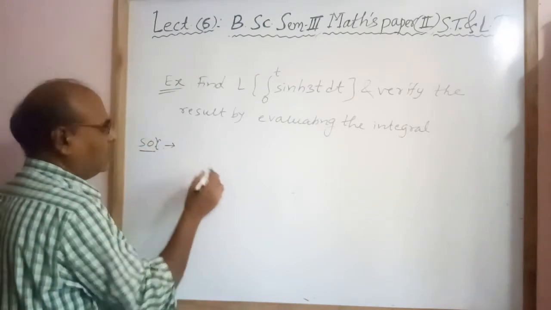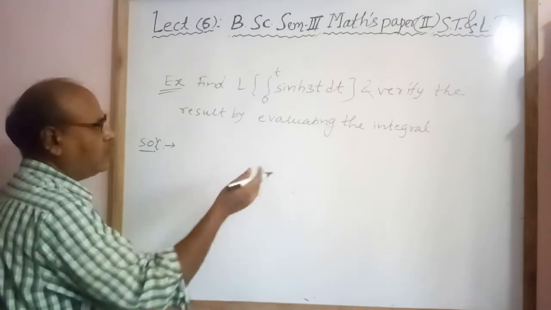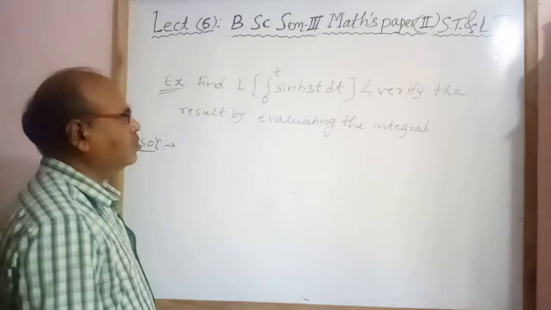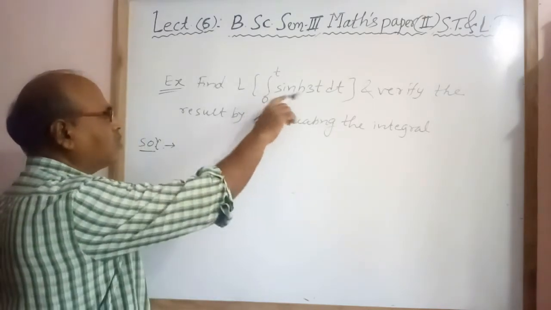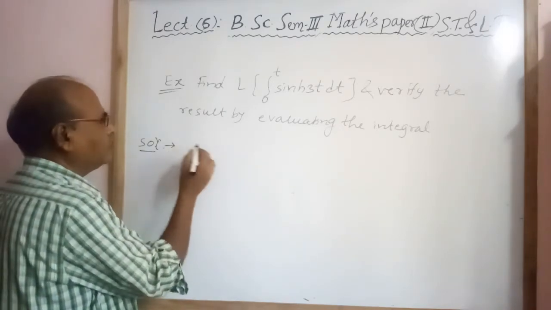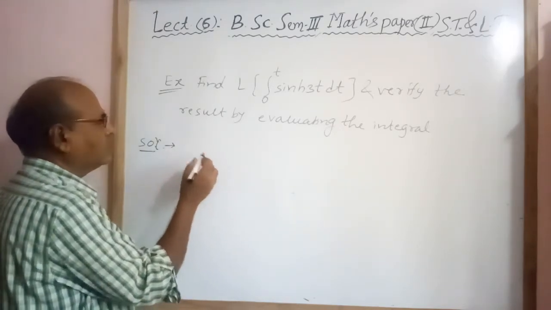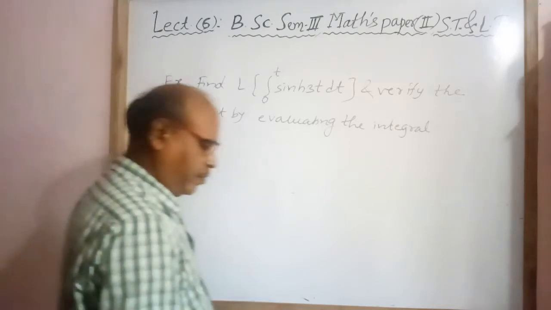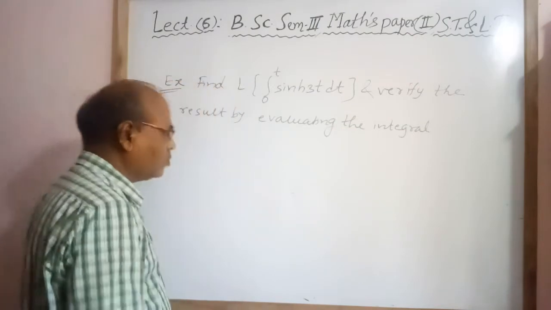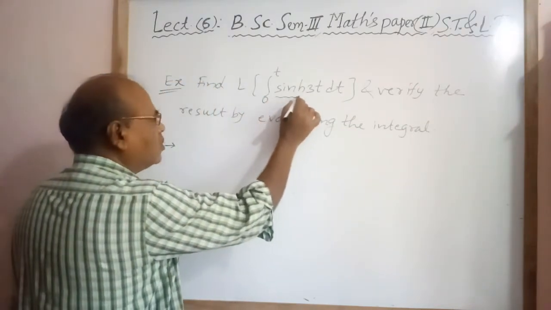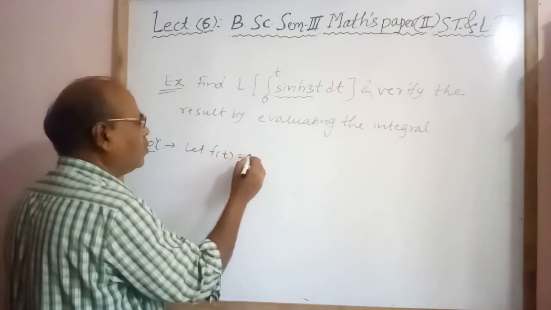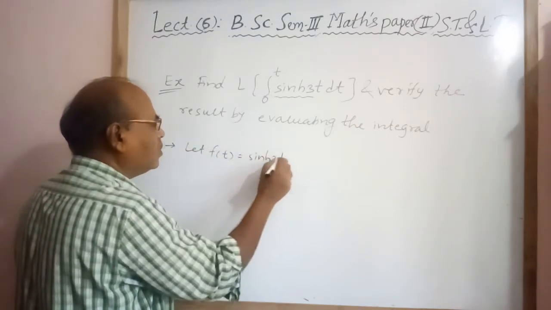Solution. In the book, this is a short example, but there is a mistake in the book. There is a wrong formula for Laplace of sin h 3t. Here I take the function f of t equal to sin h 3t.